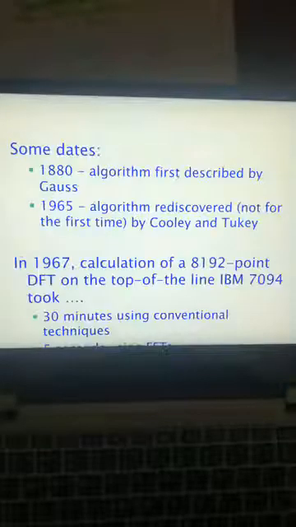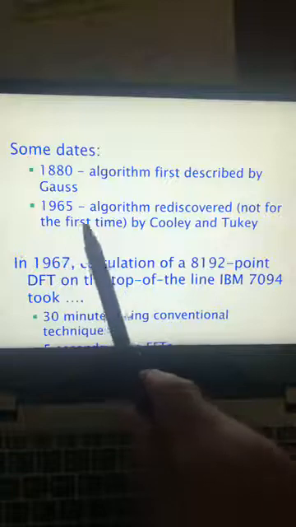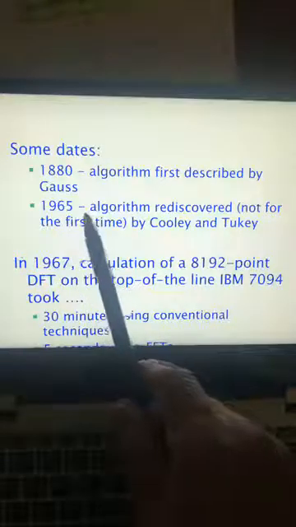But now let me review what I did earlier on paper: it was Cooley and Tukey who invented this algorithm in 1965.